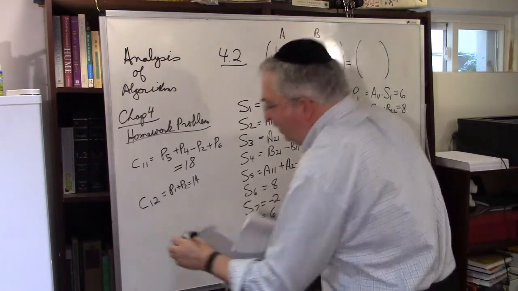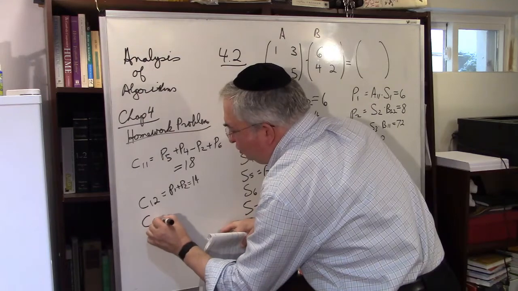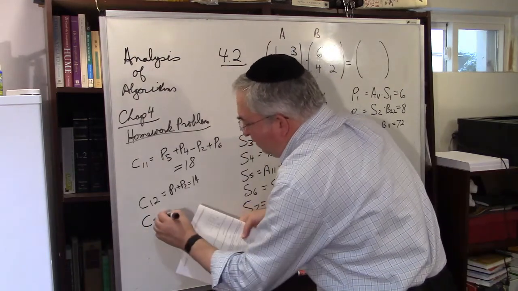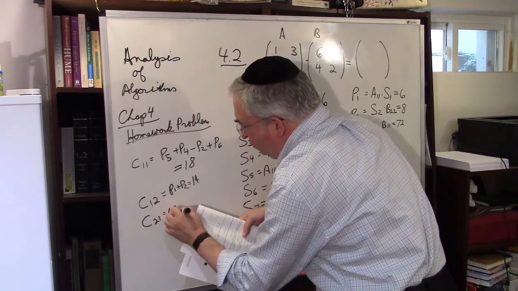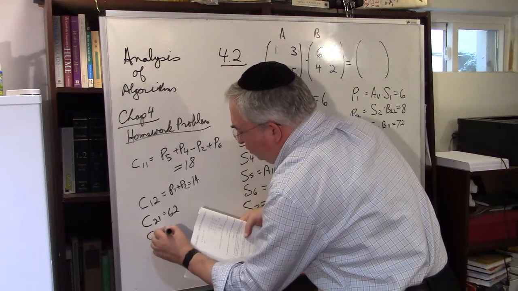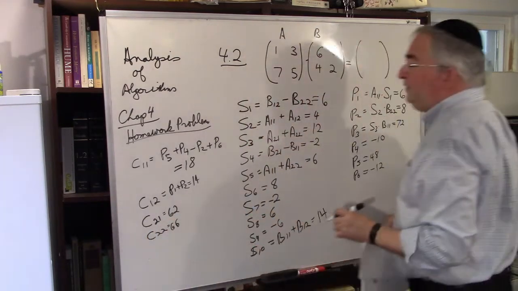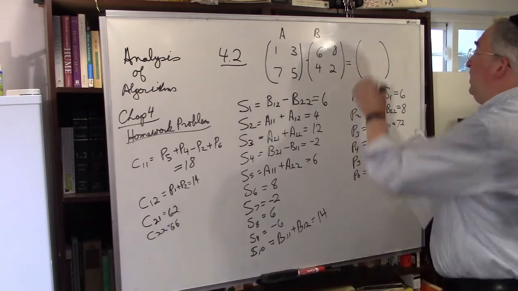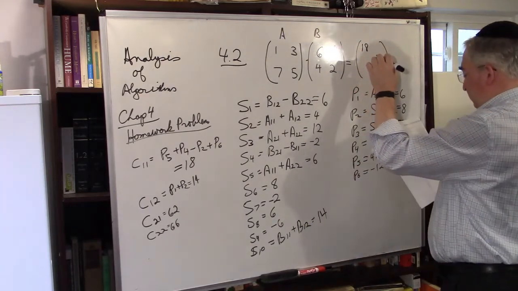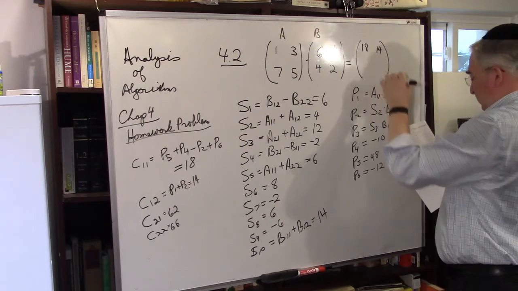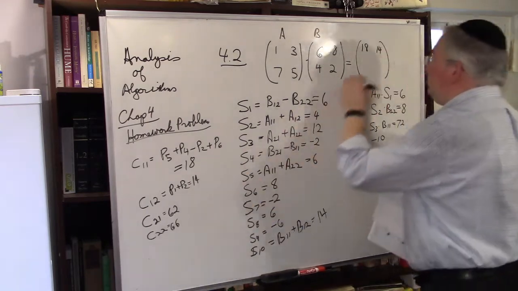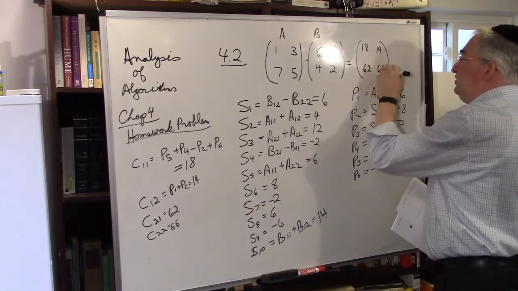Okay, let me just tell you the rest. C21 is equal to 62, and C22 is equal to 66. Okay, we're going to put these numbers in, and we get 18, 14, 62, 66.